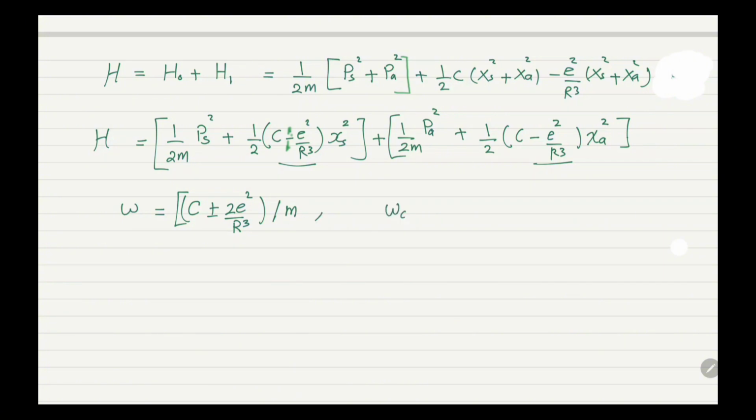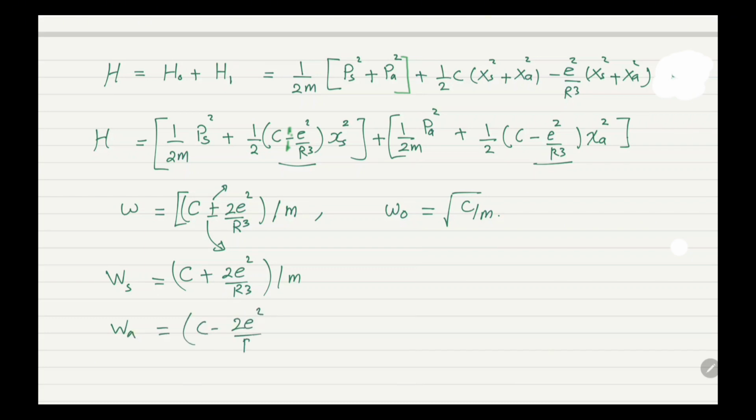And remember, omega naught is equal to the square root of c over m. Now the plus here is for symmetric and the minus here is for anti-symmetric. So omega symmetric is equal to c plus 2e square over r cube divided by m, and omega anti-symmetric is c minus 2e square over r cube over m.